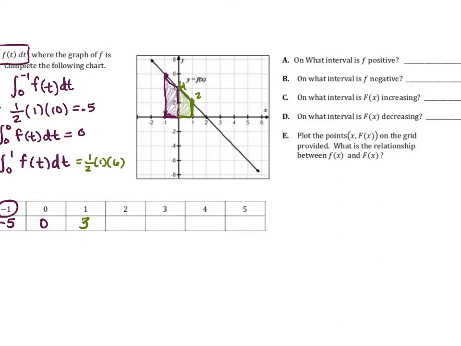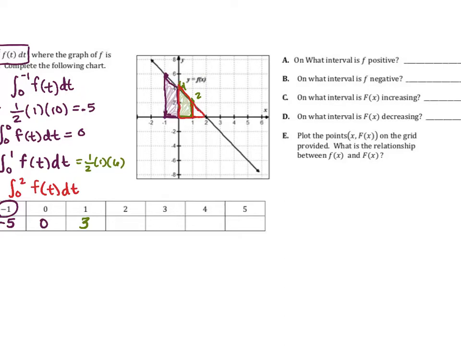Continuing on this same process, we are going to substitute in 2, and we just repeat the process. So f at 2 is the integral from 0 to 2 of f at t dt. From 0 to 2, we're going to have a large triangle here, or we can make a small triangle and add to what we already had.